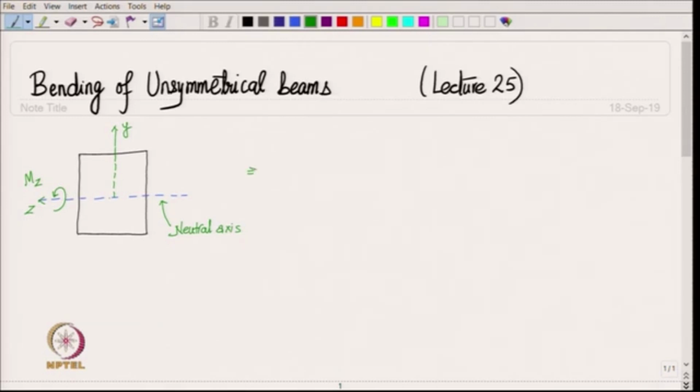So, basically we had assumed that the neutral axis coincided with the direction of applied moment, which in this case is of course the z axis, but it is not always the case.